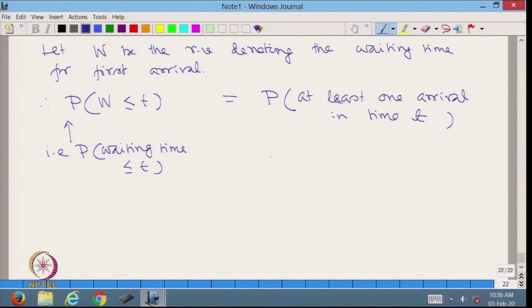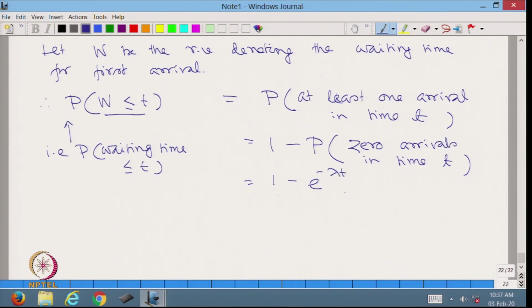Because if there is one arrival before time t, then the waiting time has to be less than or equal to t. This is equal to 1 minus the probability of 0 arrivals in time t, which is equal to 1 minus e to the power minus lambda t.